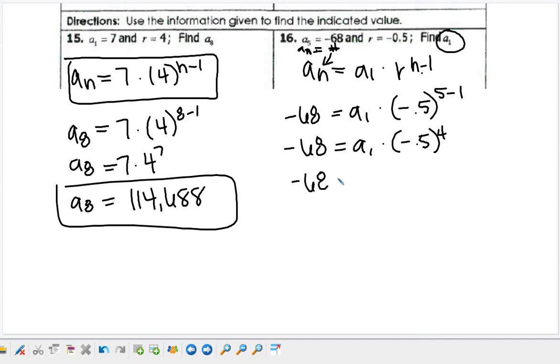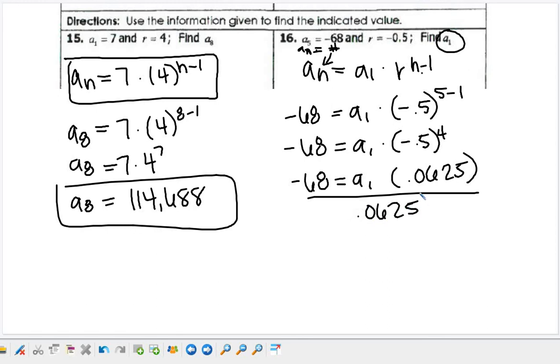So I need to know what negative 0.5 to the 4th is. 0.0625. So then, of course, to solve for a sub 1, I divide. So I have negative 68 divided by 0.0625. And I get that a sub 1 is negative 1088.